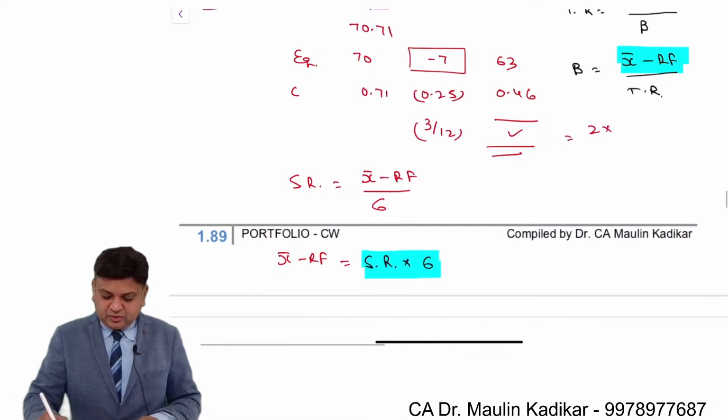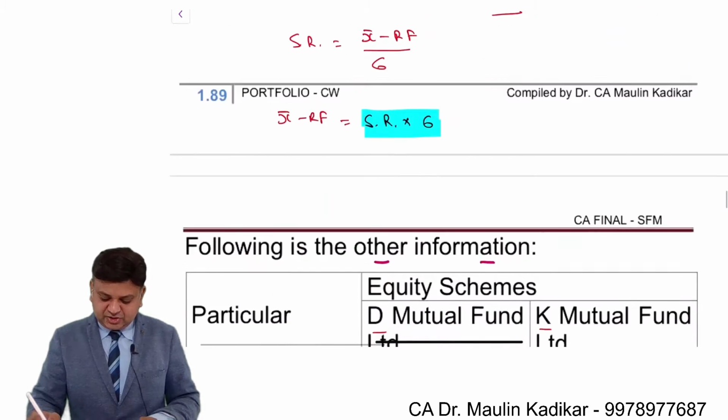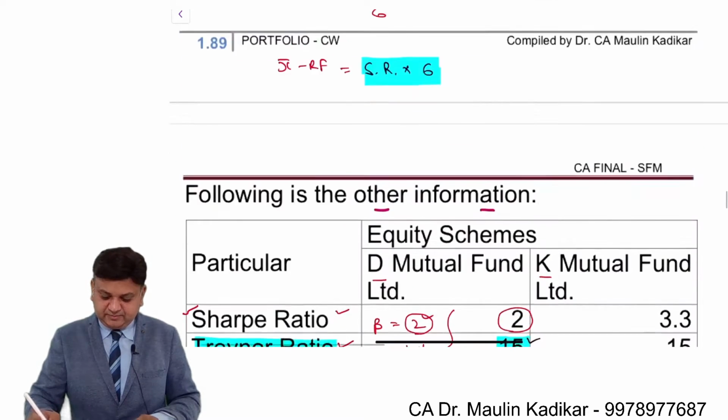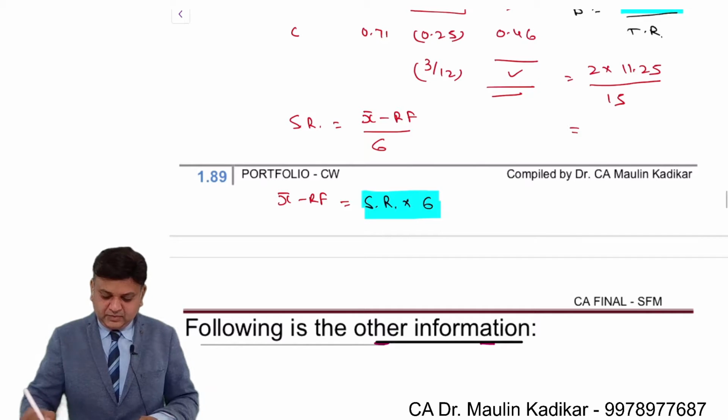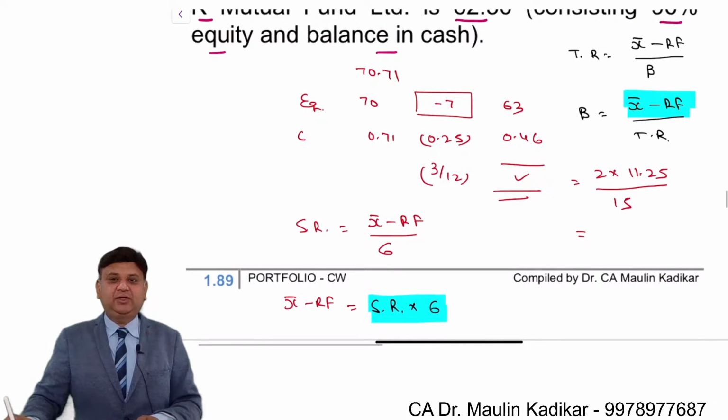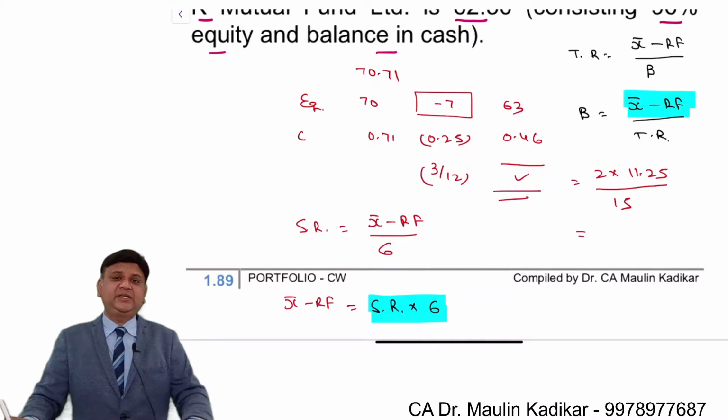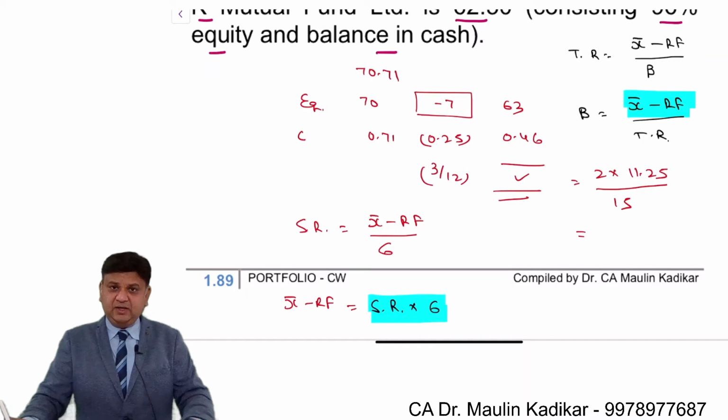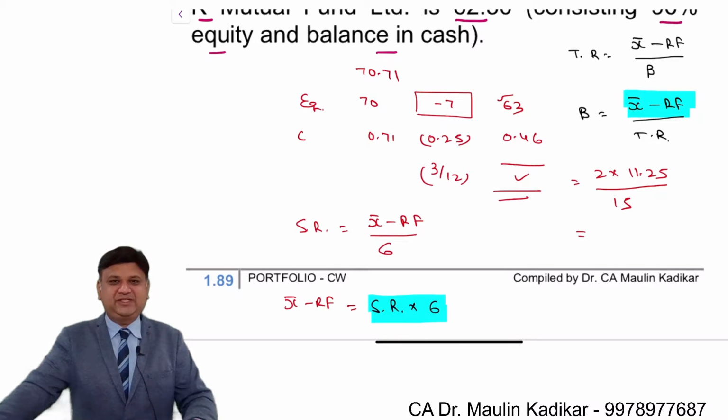So it is 2 into 11.25 divided by Treynor's ratio, which is given as 15. That is the way the beta is calculated. Once you compute the beta, beta into percentage change in Rm will give the percentage change in the return of the security, and based on that we can compute NAV at the end of the month. This is the way we are required to answer.